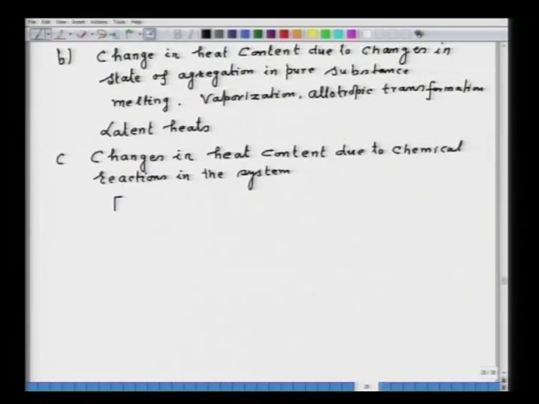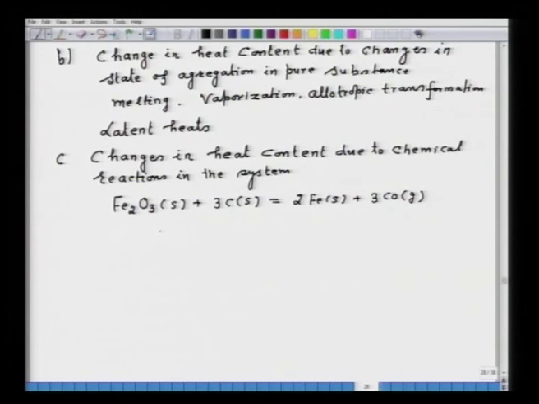Now, for example, if you take a reaction, say Fe2O3 solid plus 3C solid, that is equal to 2Fe solid plus 3CO gas, you are required to find out the heat of this particular chemical reaction. Now, you can find out the heat of this reaction from the heat of formation of the compound.